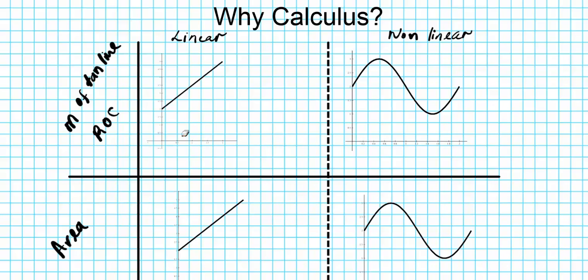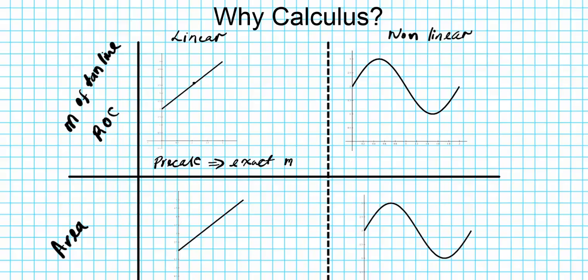Now, if you want to find a slope at any point in time on a linear function, you can use precalculus. Precalculus is sufficient to find the slope at any point in time of a linear function. So precalc can help you find the exact slope or rate of change at any point.